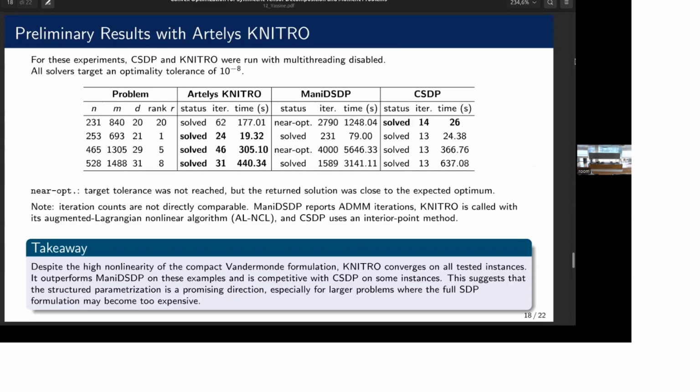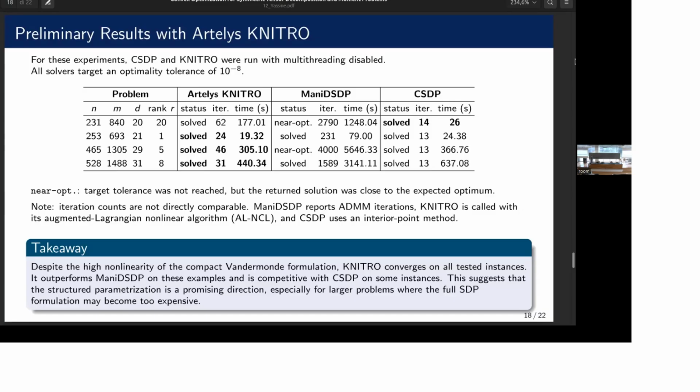You can see Knitro is outperforming ManyDSDP on these instances, and it is also competitive with CSDP, especially when we increase the size of the instances. Also, despite the nonlinearity and nonconvexity of the problem solved with Knitro, the solver managed to solve the problem to the optimal solution.